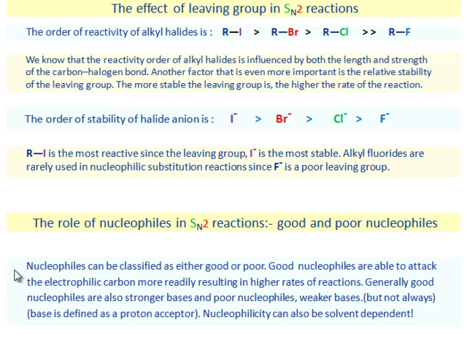Generally, good nucleophiles are also strong bases and poor nucleophiles weaker bases, but not always. Nucleophilicity can also be solvent dependent.